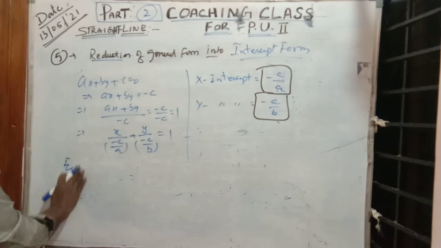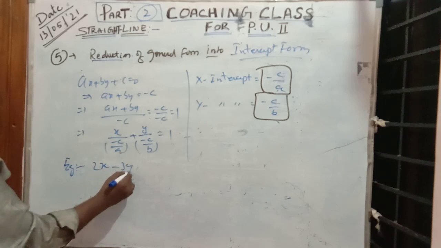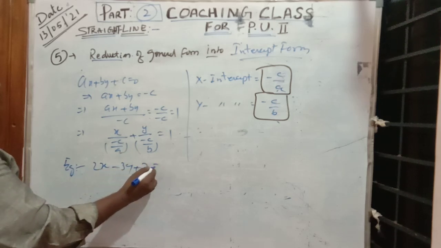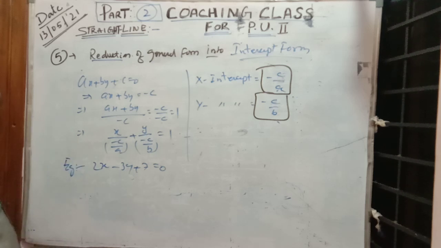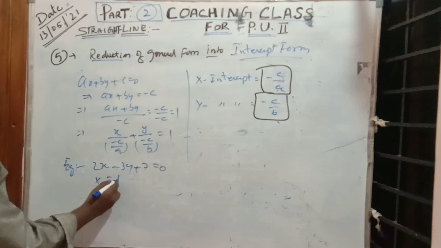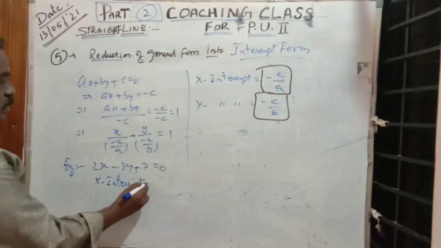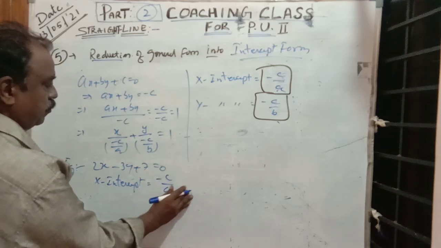See, one example. 2x minus 3y plus 7 is there. It is in general form. We want the x-intercept. X-intercept is minus c by a.